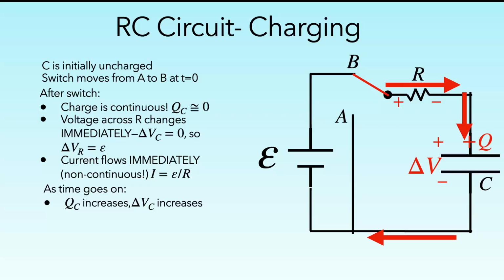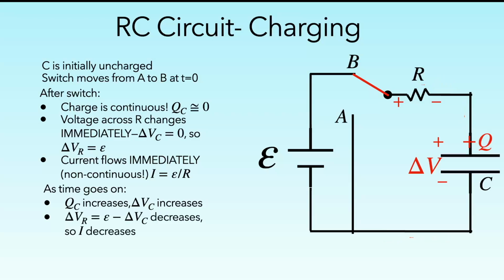And as the charge increases on the capacitance and the delta V across the capacitor increases, you can see that the potential difference across R will decrease, because as delta V across the capacitor gets closer and closer to epsilon, the voltage difference across the resistor gets smaller and smaller. So as that happens, the current decreases.